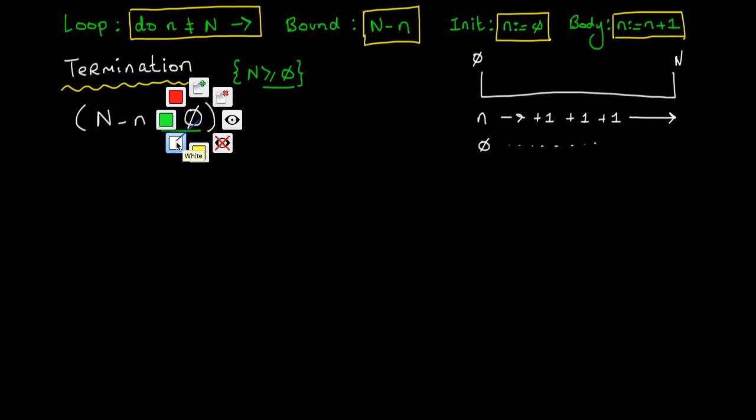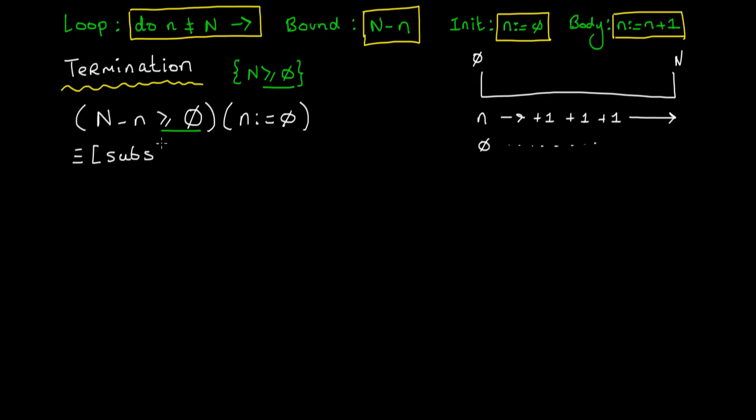And we look at what happens to n in the initialization. And n is initialized to 0. So we simply substitute that in here. So through substitution, I'll just write that out shorthand.